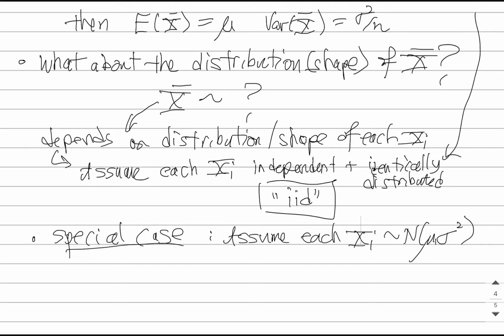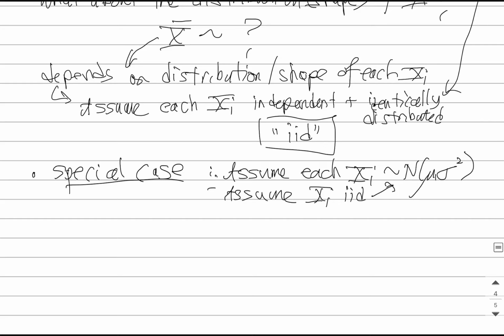And we are going to assume that they are IID with this particular distribution. Now I'm going to give you some properties in this particular case, and I'm not going to prove them just because some of it is tedious and some of it requires more calculus than we have at our level.